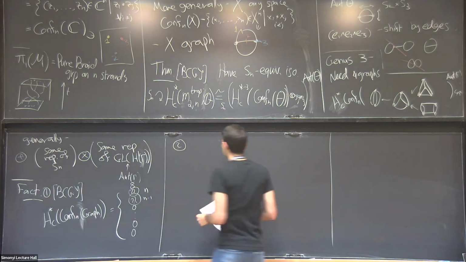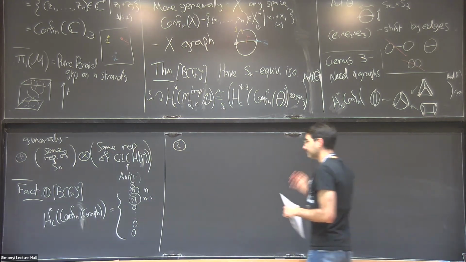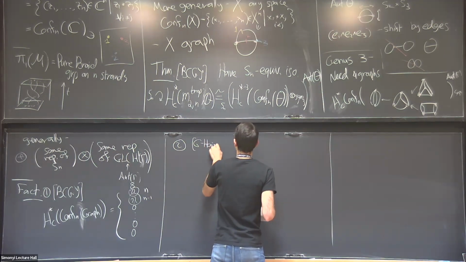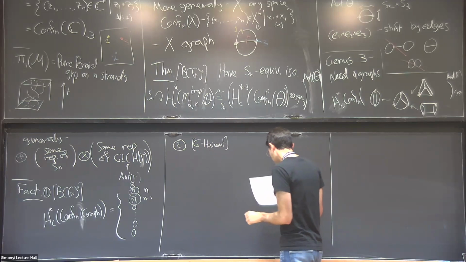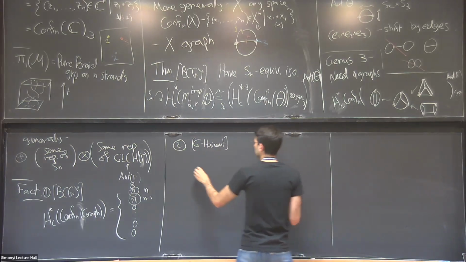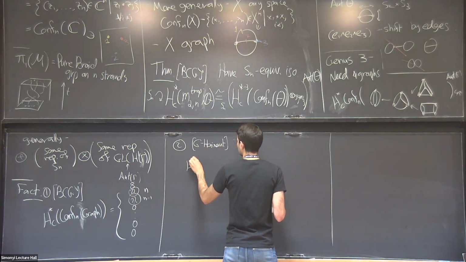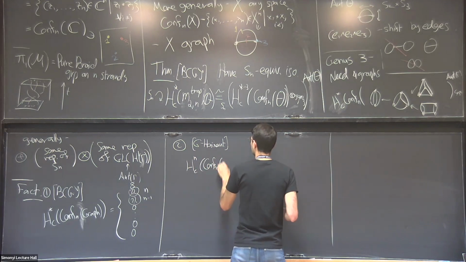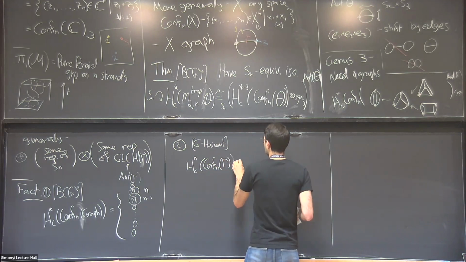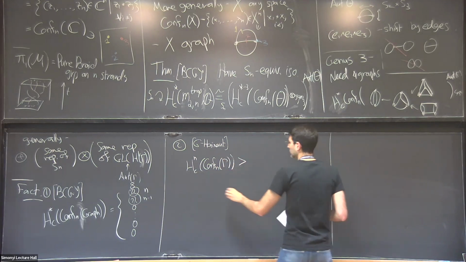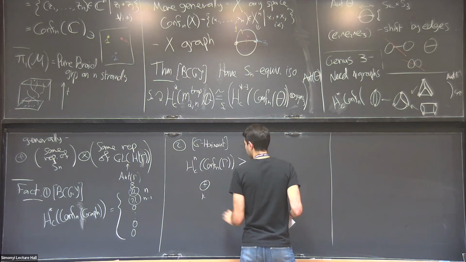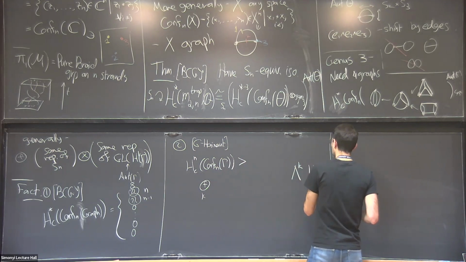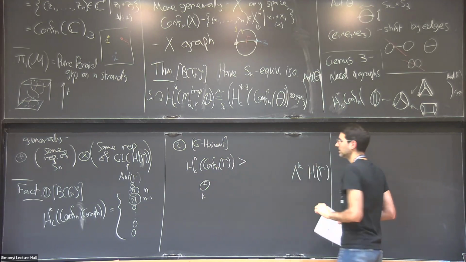Now fact number two is some actual calculations that we know. This is again with Louis. It's the following fact: the nth graph configuration space homology of n points on the graph contains inside of it two interesting summands. First, all the alternating powers of H1 of the graph show up.